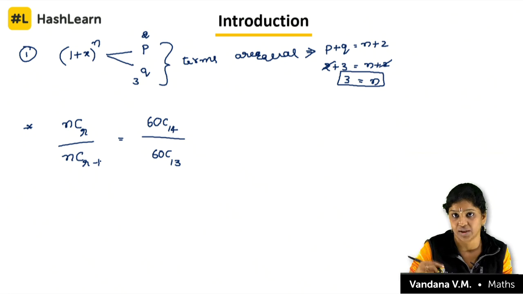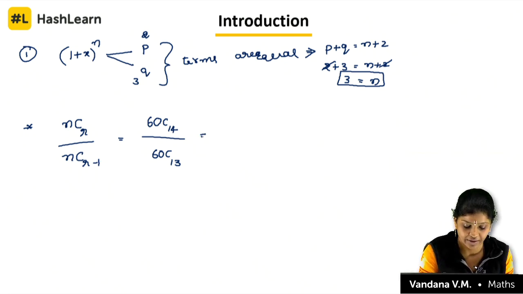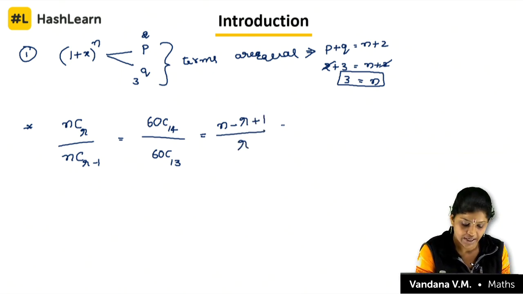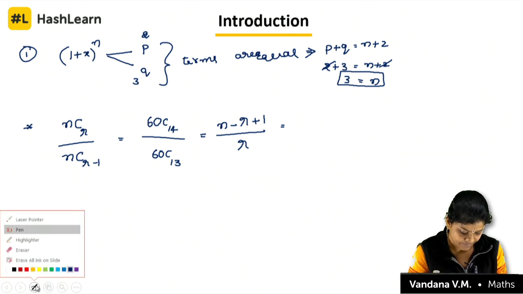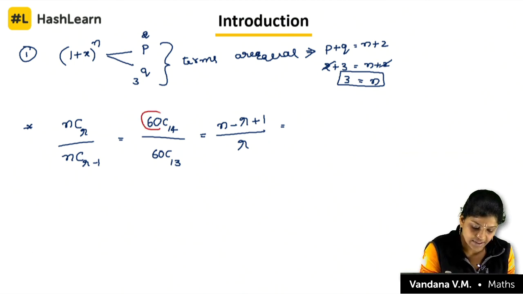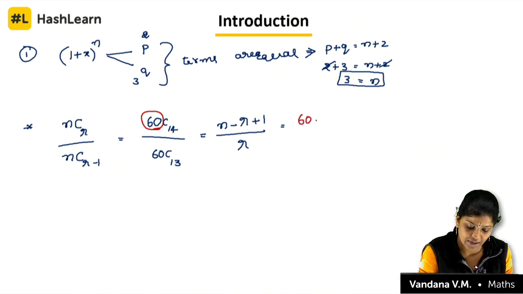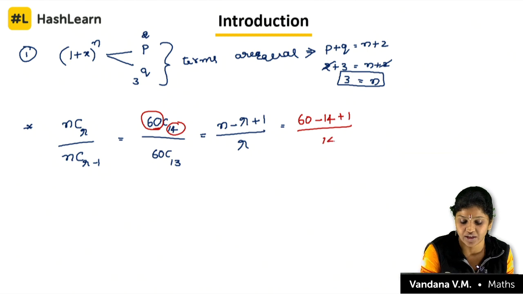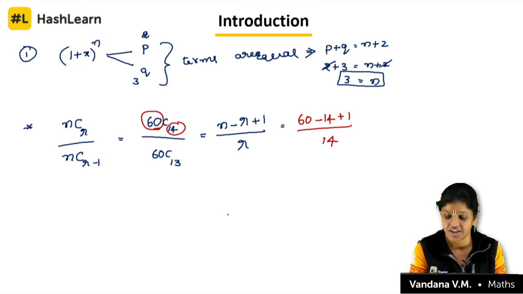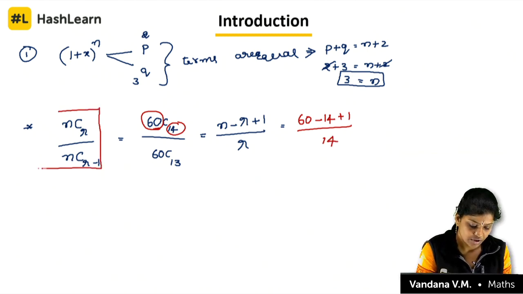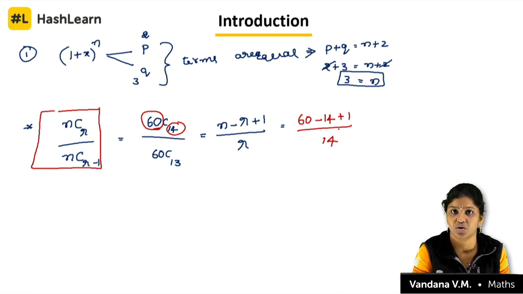The one should be less than whatever is in the numerator. The formula is (n - r + 1) divided by r. Here this is your n, that is 60, minus r, where r is 14, plus 1, by 14. After solving this you will get the answer. So instead of all the calculation, you can go for the shortcut.